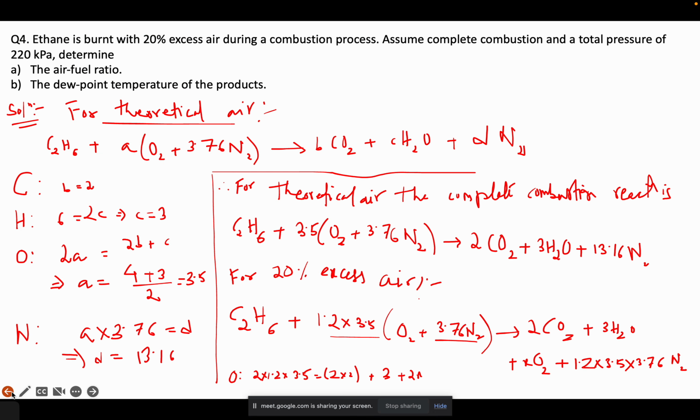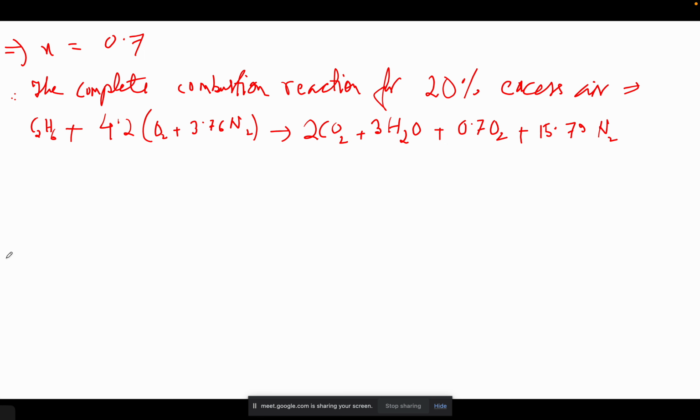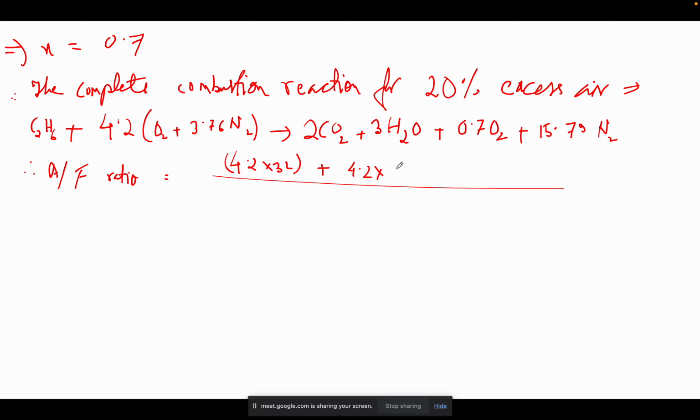So now the air fuel ratio. Therefore air fuel ratio is equal to what? 4.2 into 32 plus 4.2 into 3.76 into 28, divided by 2 into 12 plus 6 into 1.